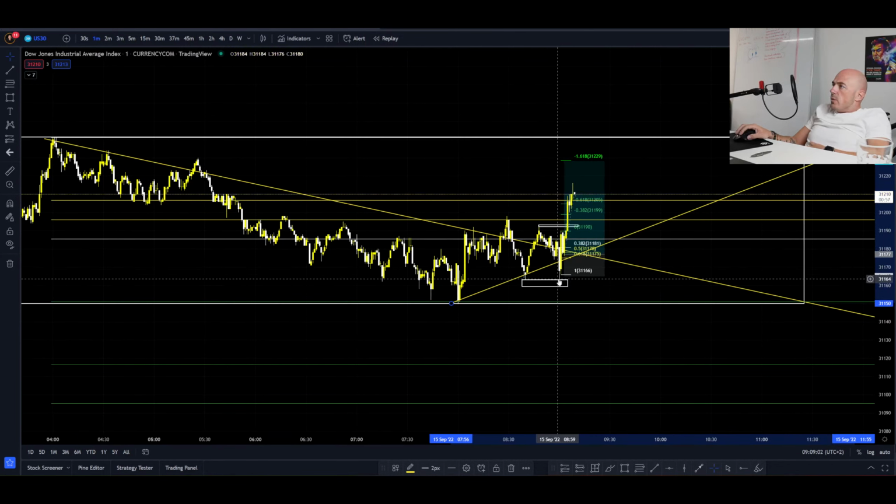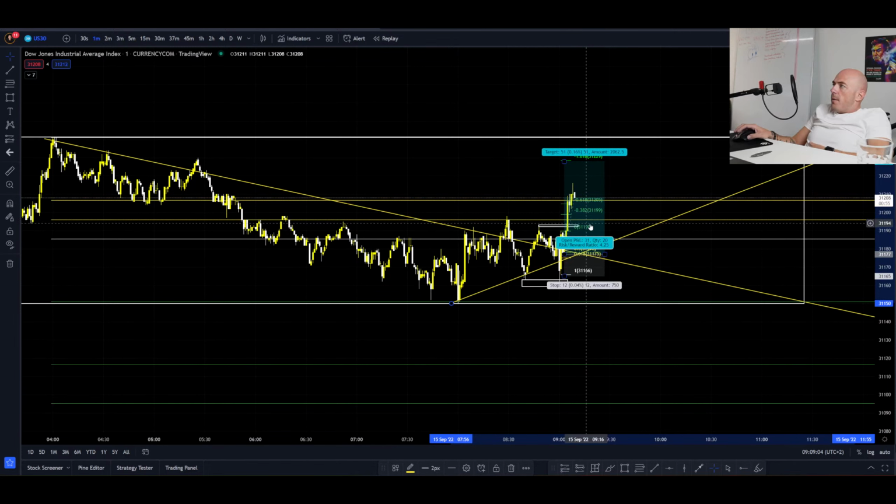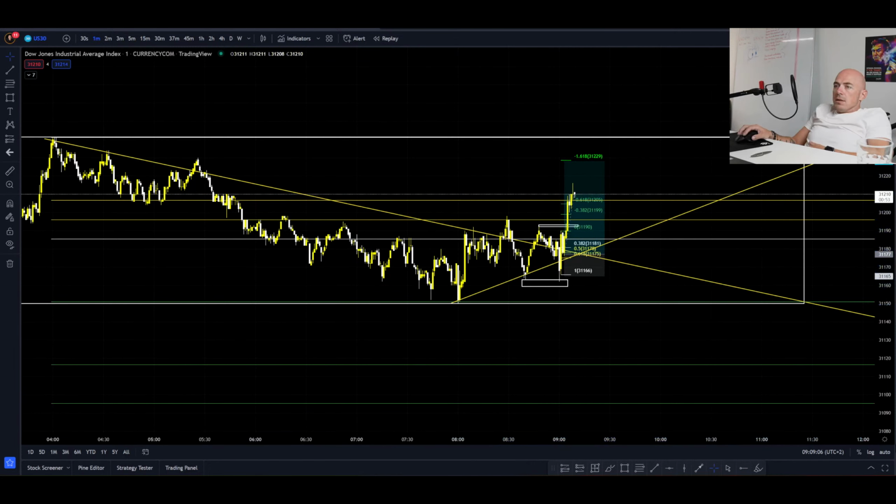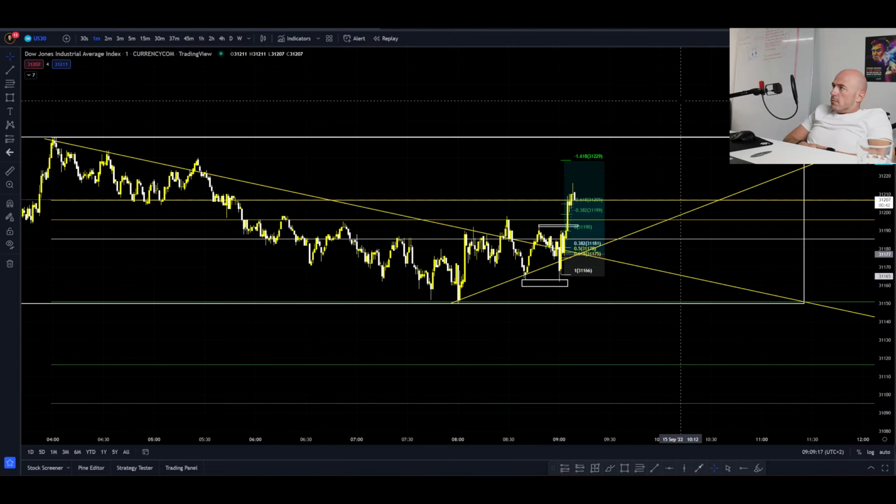Yeah, opening candle wick below the trend line, and still I don't want to touch it in this range.